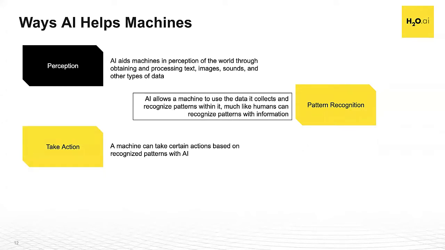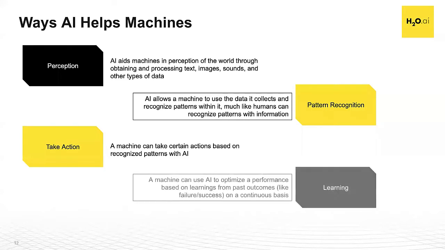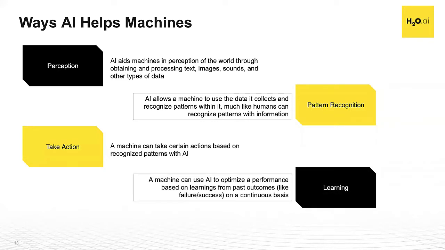The next way that AI helps machines is through being able to take certain actions based on the patterns that the machine recognizes using AI. And then one of the last major ways that AI helps machines when we talk about human intelligence tasks is by learning.